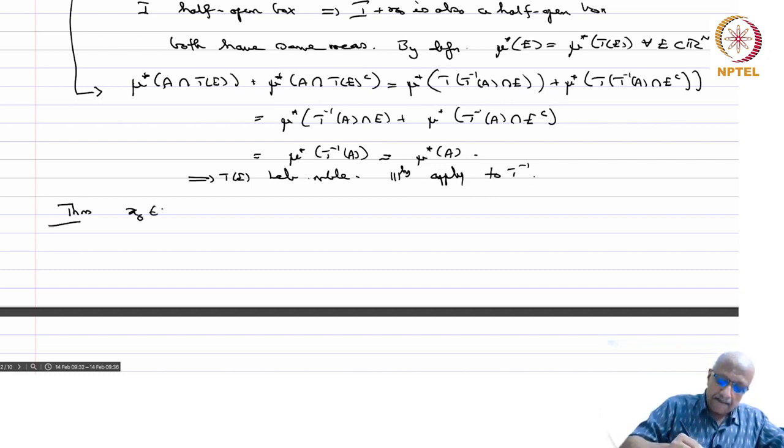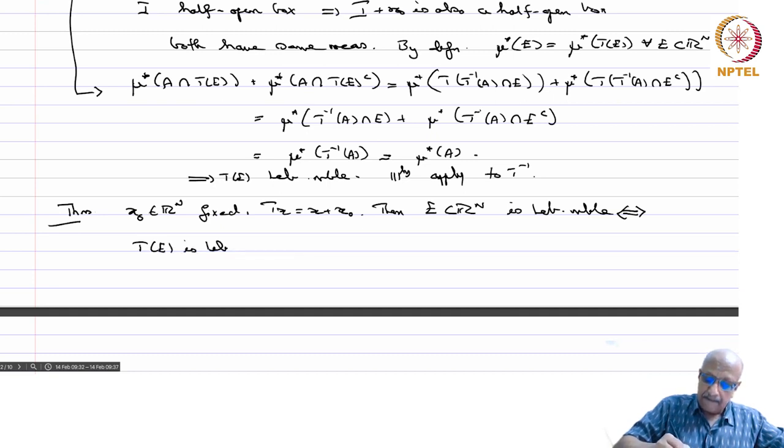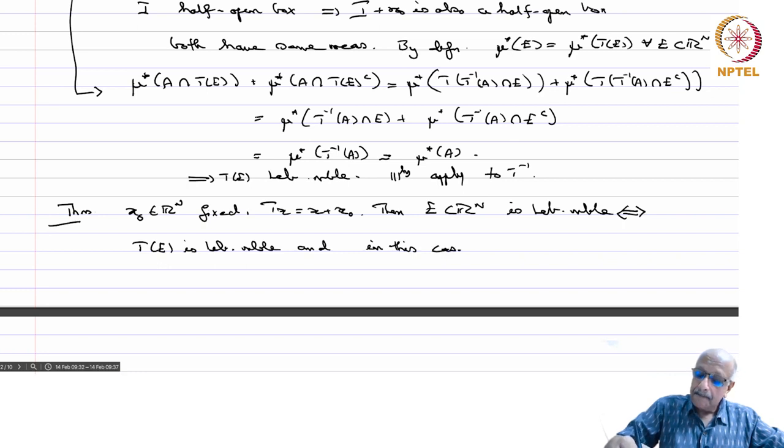Let x naught in Rn be fixed, T(x) equals x plus x naught. Then E contained in Rn is Lebesgue measurable if and only if T(E) is Lebesgue measurable, and in this case mu_n of E is the same as mu_n of T(E).